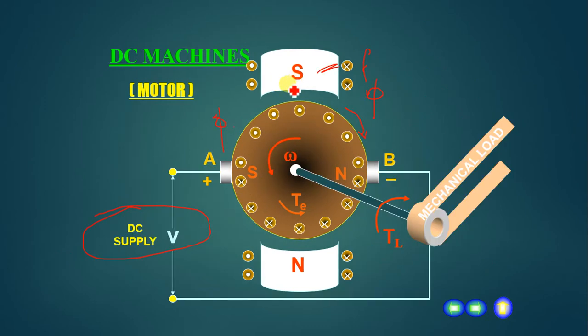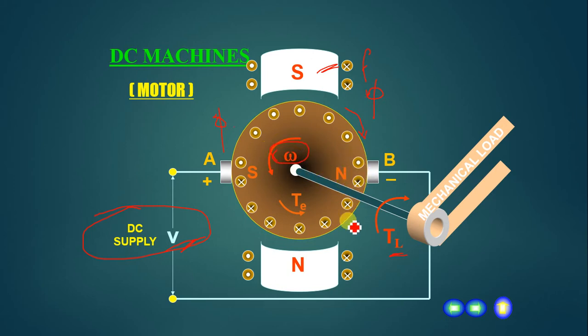At the same time, the motor also works with Faraday's laws of electromagnetic induction, but here it converts electrical energy into equivalent mechanical energy. It will also produce some torque for the load, and it will have a parameter called omega, which is angular velocity.